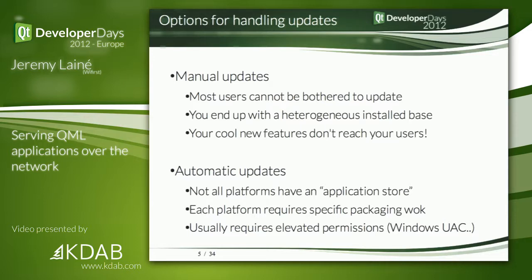Possibly they don't perceive the benefit of the new version that you're offering, or it's just tedious. And even if you have an automatic notification which says the new version is available, click here to install it, chances are that you're not going to manage to push your new features to your users, and you're going to progressively end up with an installed base which is more and more heterogeneous, and which is going to hold you back in terms of innovations.